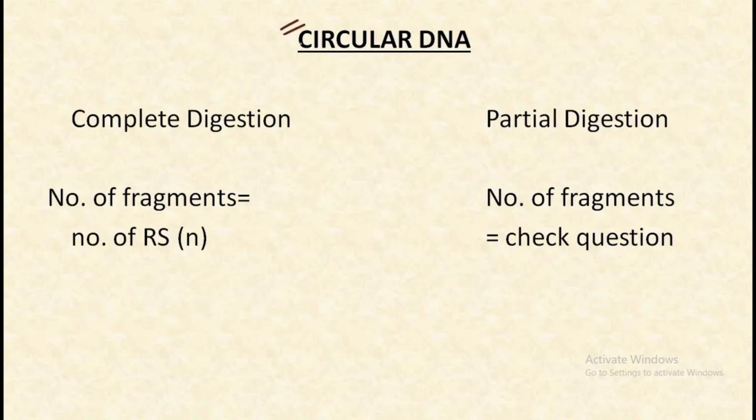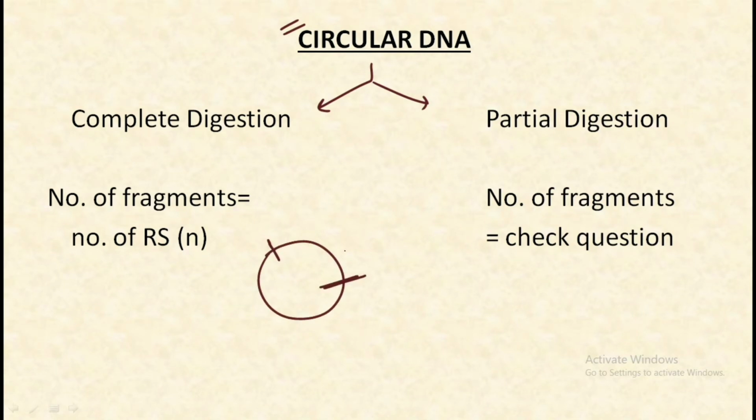The second case is for the circular DNA. In circular DNA also we have the same cases of complete digestion and partial digestion. Consider we have this circular DNA and complete digestion occurs at two restriction sites.